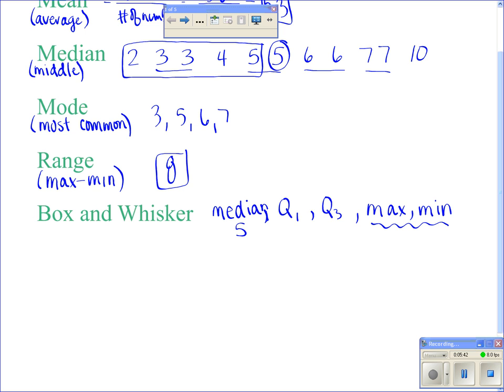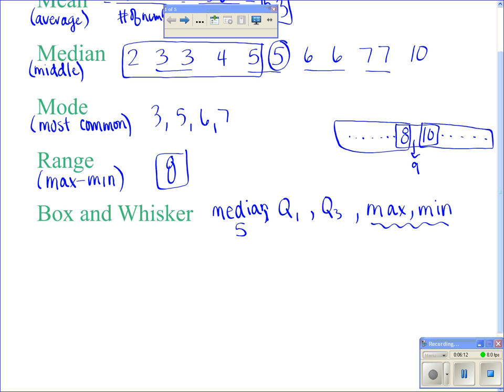If you had a list of numbers and the two middle numbers were 8 and 10, so your median is really 9, then you're going to use 8 and 10 when you're calculating what the two quartiles are. Do you see the difference? So if the median is in your list of numbers, don't use it when you're finding Q1 and Q3. But if your median is in between two numbers, then you do use those numbers when you're calculating.